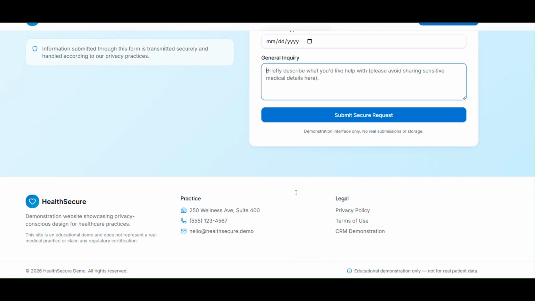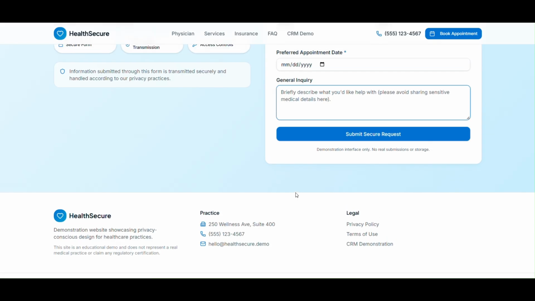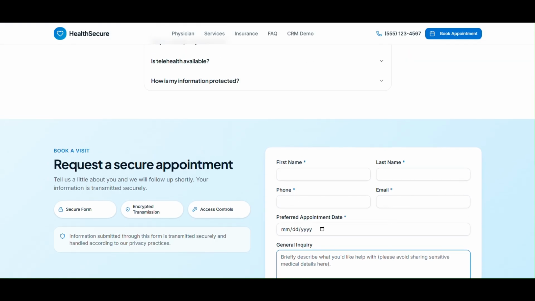If they add that in, that can be a danger to your website, as sensitive information about the patient should not go through your website. Only information such as name, phone number, email address, and even that should be encrypted.